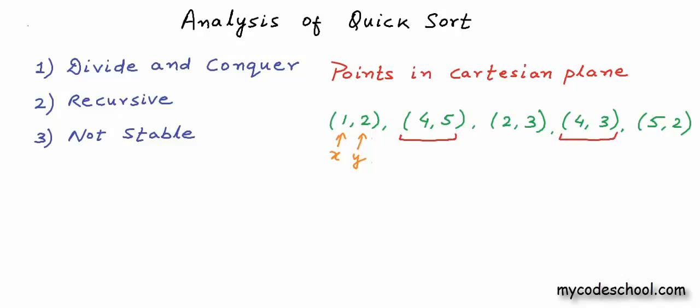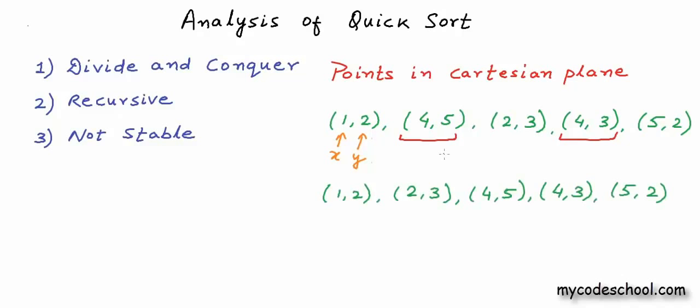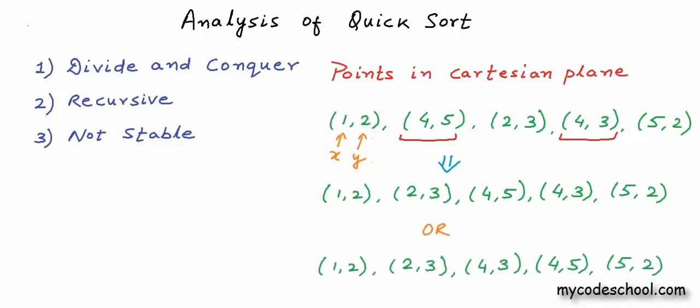If we use a stable sorting algorithm, then (4,5), which is before (4,3) in the original list, will be before (4,3) in sorted arrangement also. But this is not guaranteed if we use an unstable sorting algorithm. In the second arrangement that I'm showing here, elements are sorted in increasing order of x coordinate, but (4,3) is coming before (4,5). Partitioning logic in Quicksort algorithm does not ensure stability.